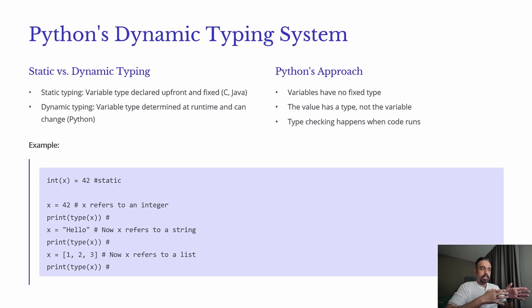In the example below, x is equal to 42. Right now it is an integer. Then I say x is equal to hello, it became a string. Then I say x is equal to 1, 2, 3, it became a list. So it is dynamically assigned at runtime.